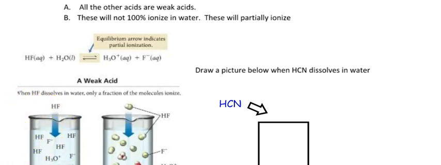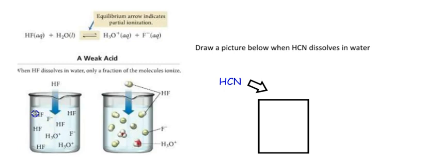I see some HF, I see some F minus, I see some H3O plus. Notice the original reactant is still in the beaker. Not all of it ionized. Not all of it split up, or perhaps some of the fluoride and the hydronium bumped together and remade the HF. You will not see that with the HCl.